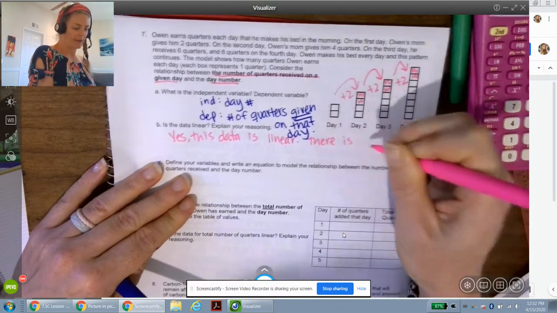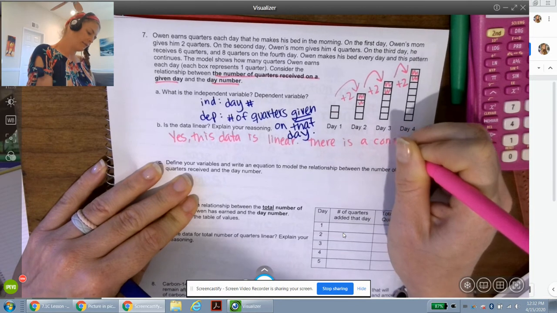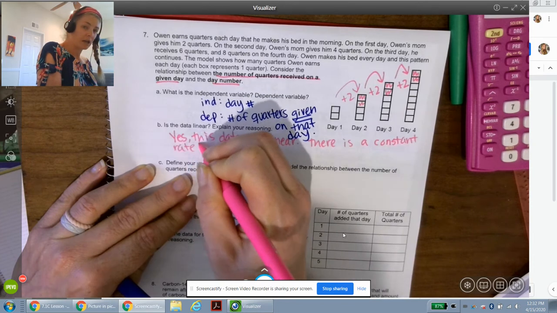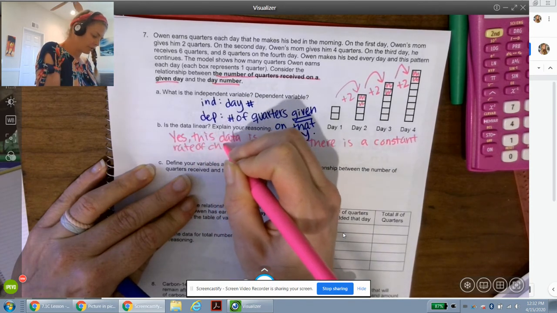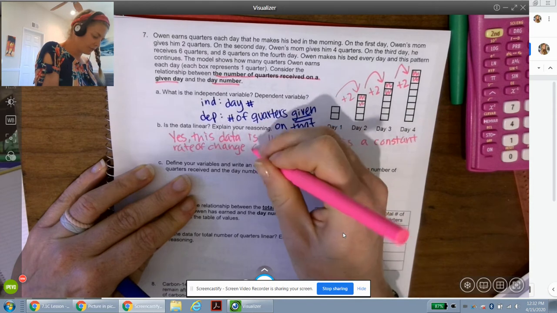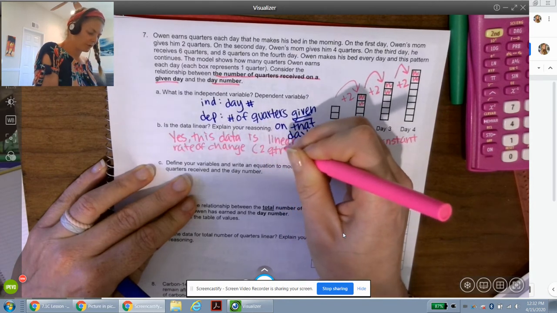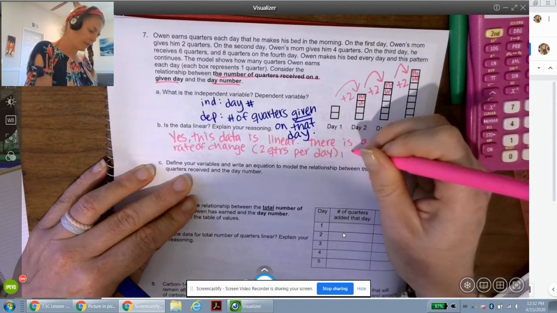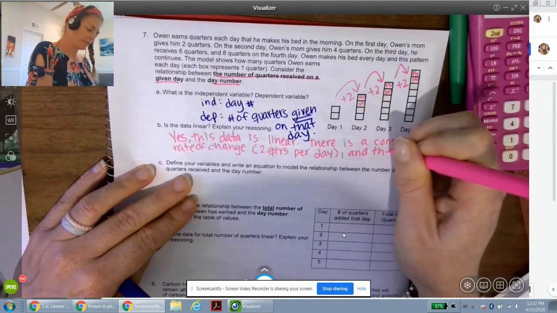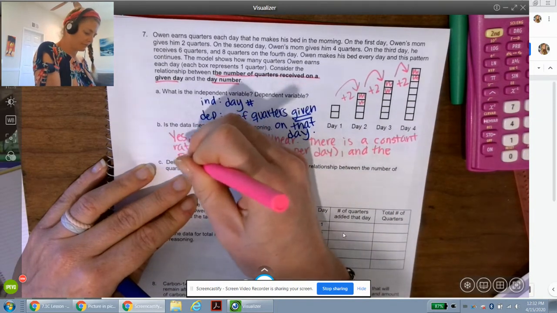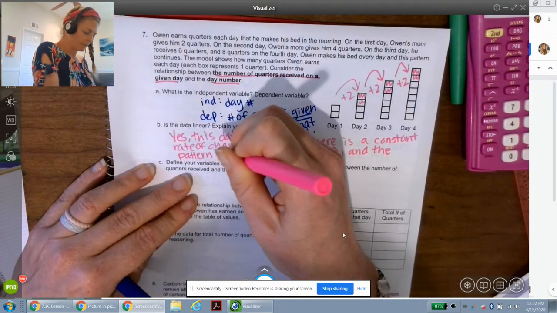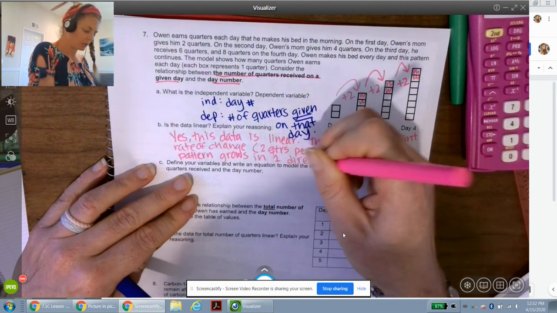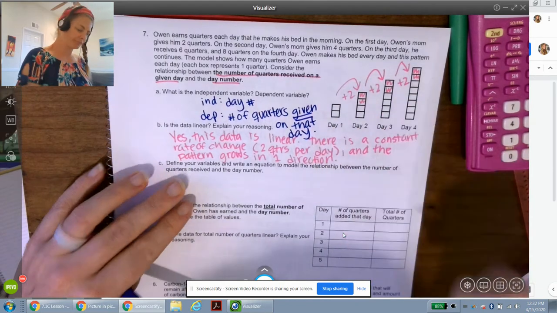There is a constant rate of change, 2 quarters per day, and the pattern grows in one direction, one dimension.